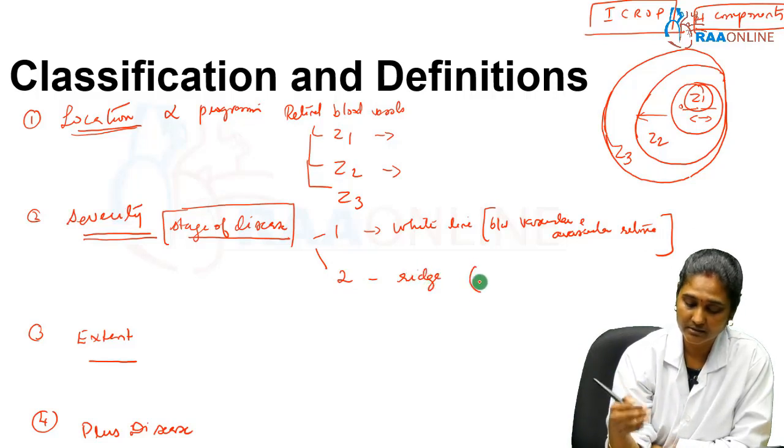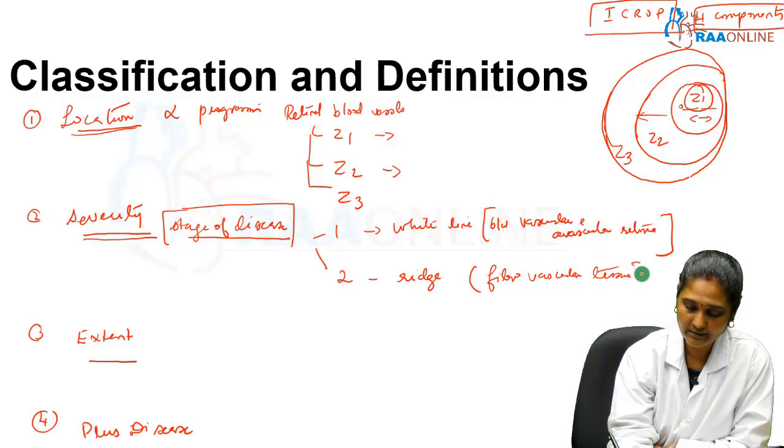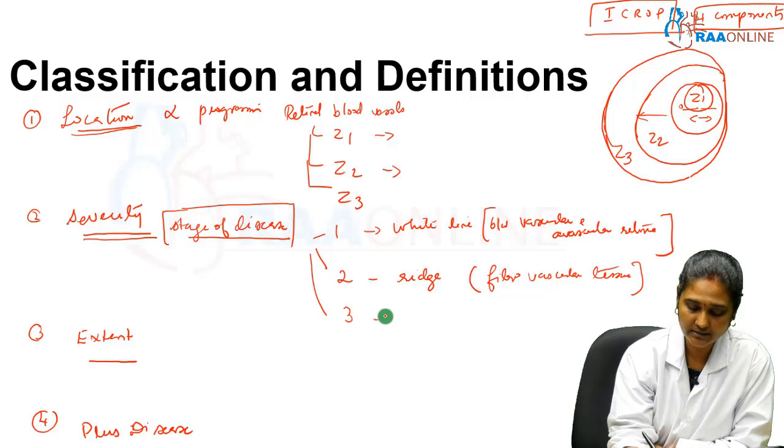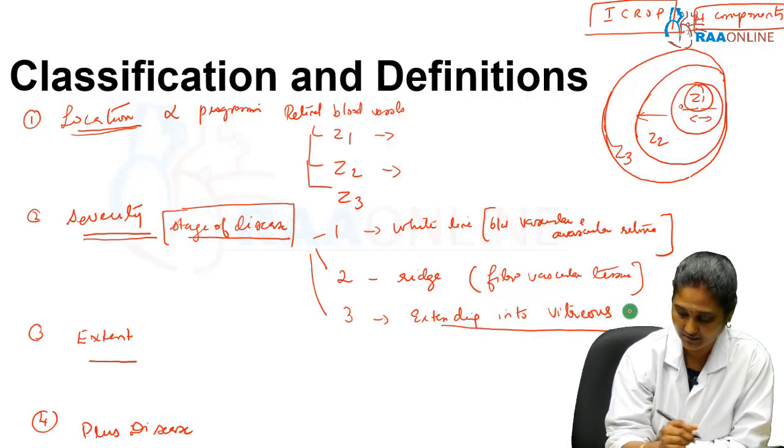That is, this white line which is demarcating the vascular and avascular retina has become fibrovascular tissue, forming a ridge. So it is stage 2. Stage 3 is when it is extending into the vitreous.